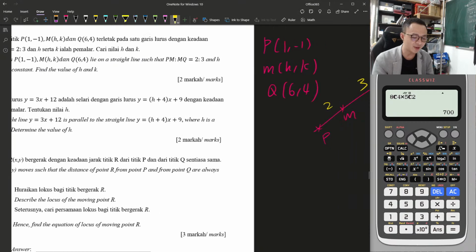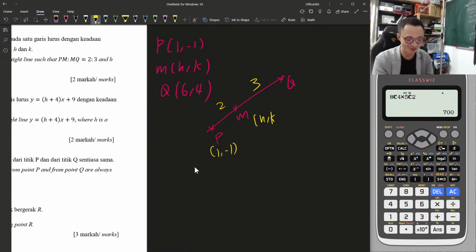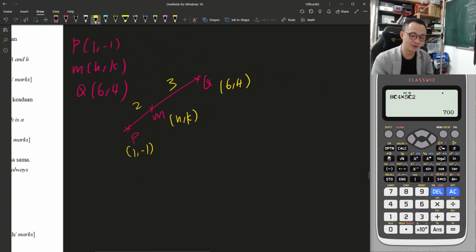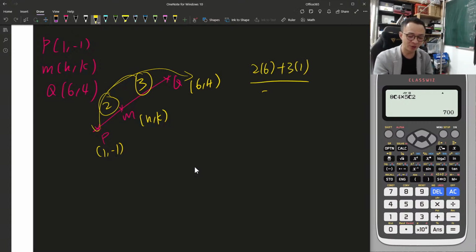h and k are constants. This one is basically just using the ratio formula. If you do not know how to use the ratio formula, then it is some bad news for you. You go and learn, it's very easy. The ratio formula tells me that 2 times the further x, 2 times 6, plus 3 times the other x, 3 times 1, divided by the total ratio, will equal the middle x value.